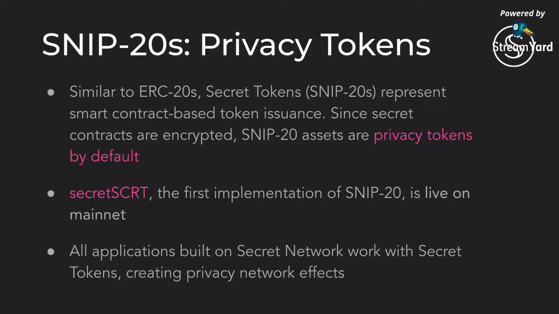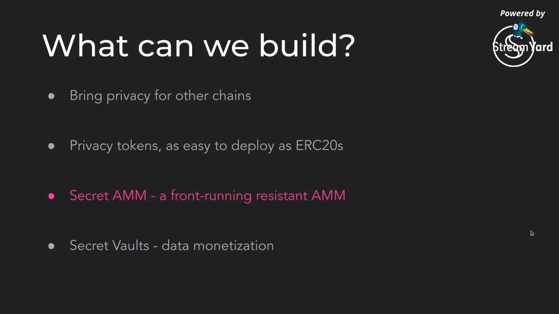Secret SCRT is actually the first mainnet implementation of SNIP20, and it is already live, and you can use it, and it is very cool. And all the applications built on top of the Secret Network work with this token. So we create here a private ecosystem that utilizes privacy, and this is very, very cool.